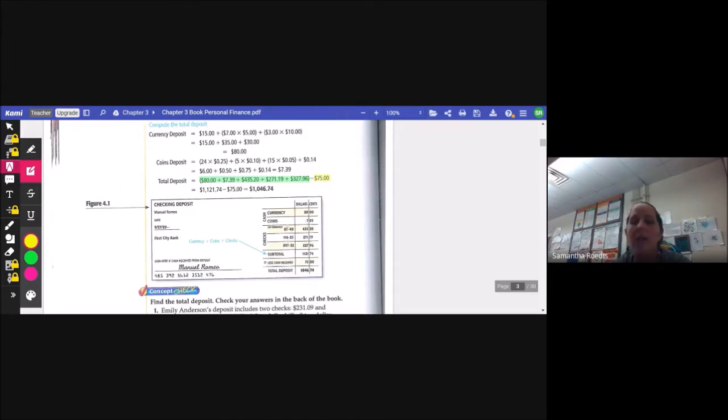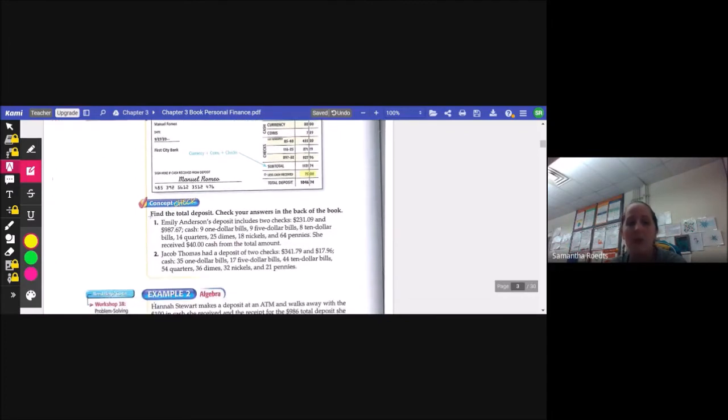Then your checks: they usually ask you to list each check separately, so the $435.20, the $271.19, the $327.96, and then your subtotal, which was all the green that we did, minus the yellow, the $75 you wanted to take out. Your total deposit is whatever you had left.